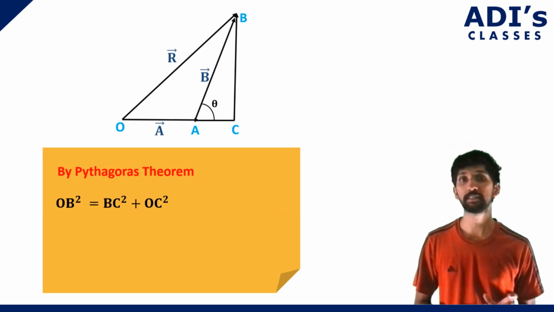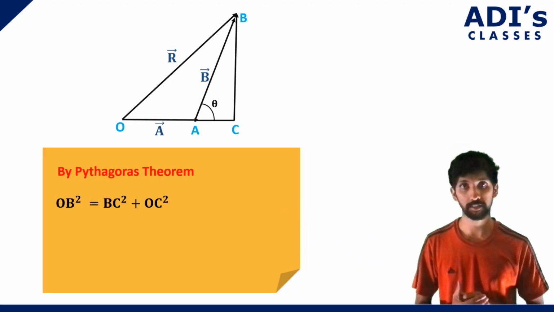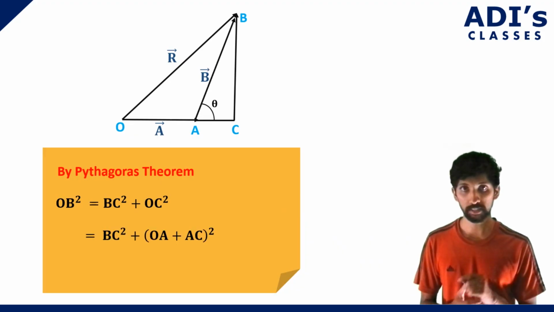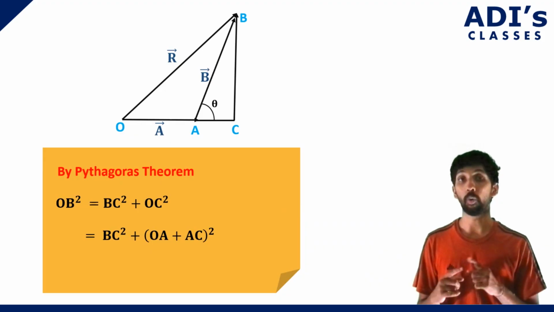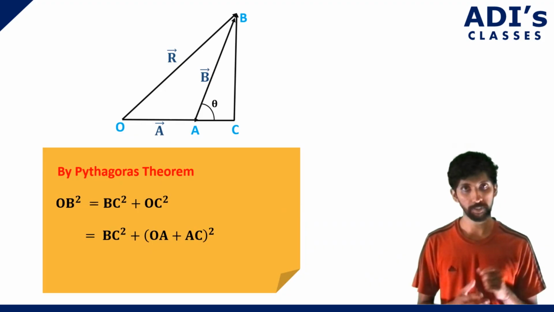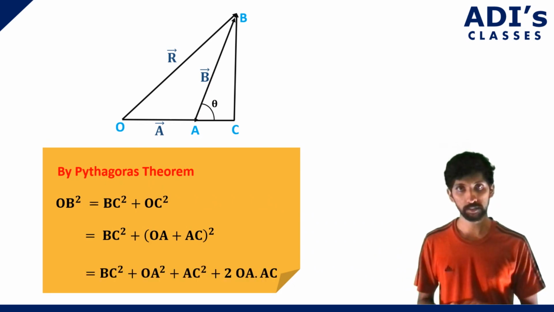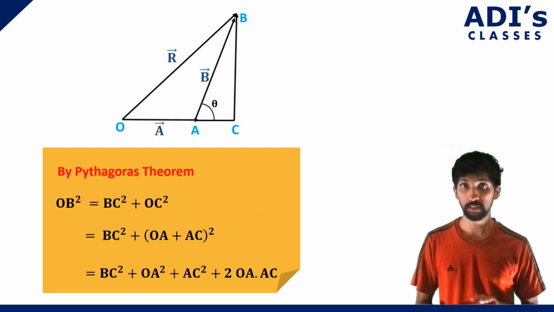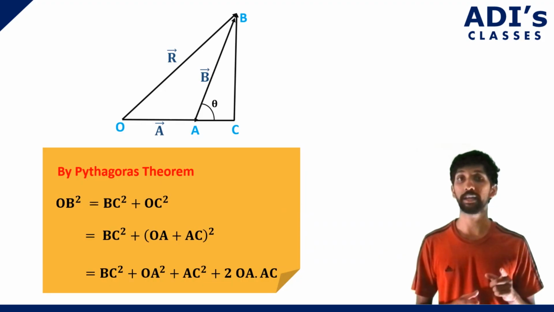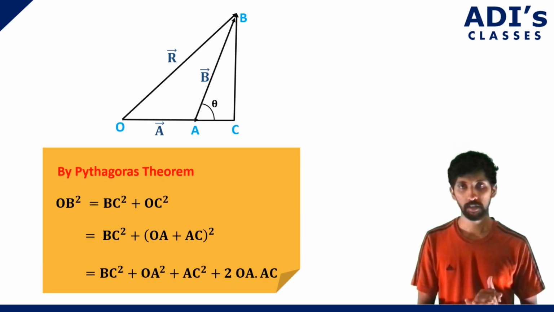Now what is the OC distance? It's OA plus AC. So we get BC square plus OA plus AC whole square. Expand, and you get BC square plus OA square plus AC square plus 2 OA into AC, correct? This is what we get.